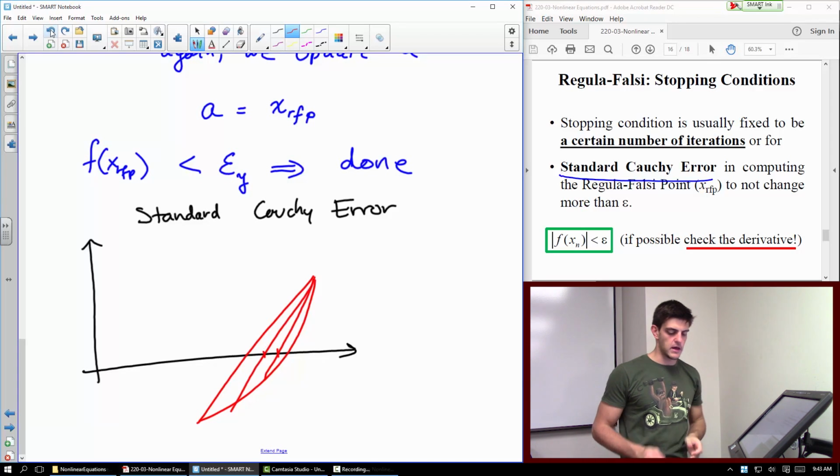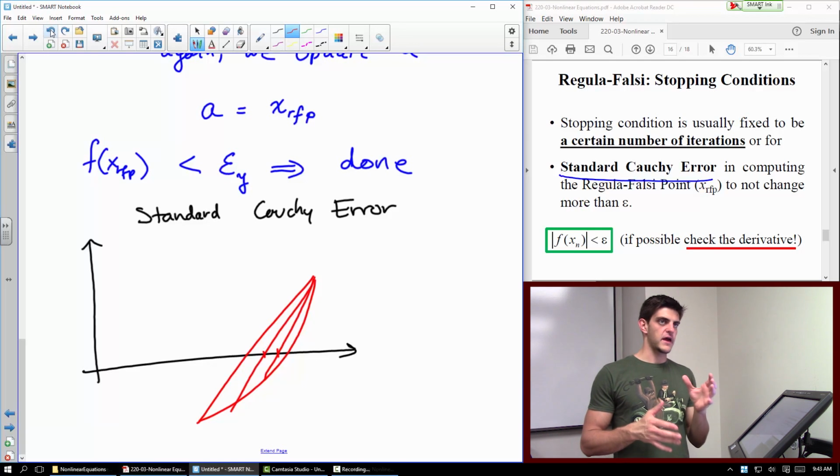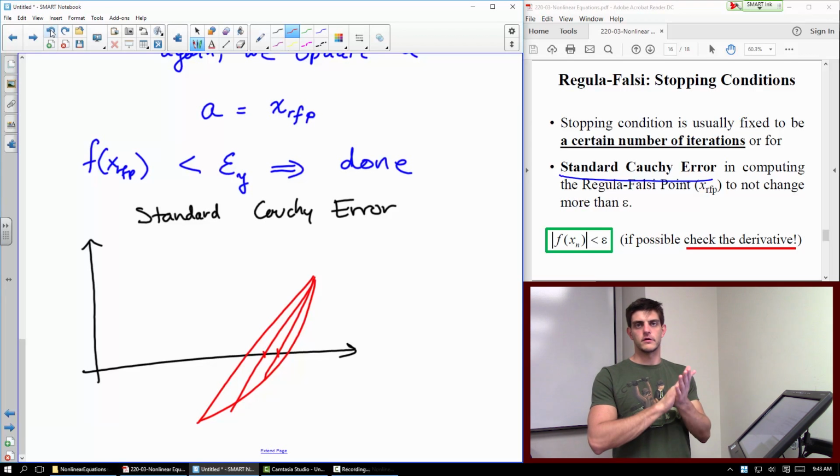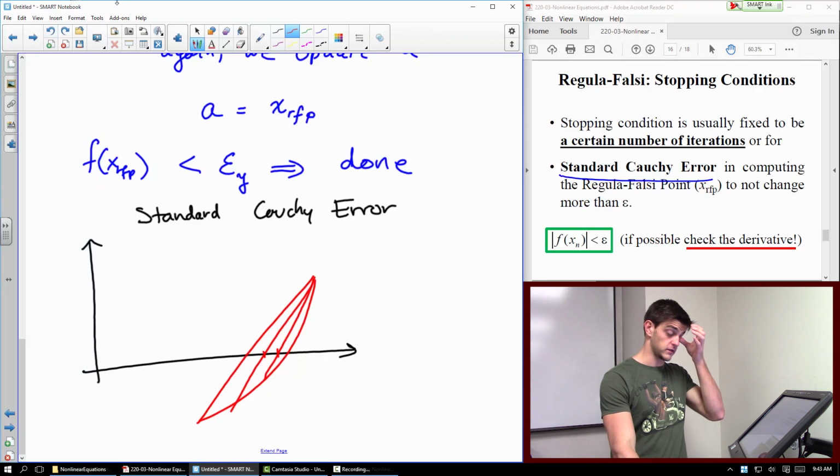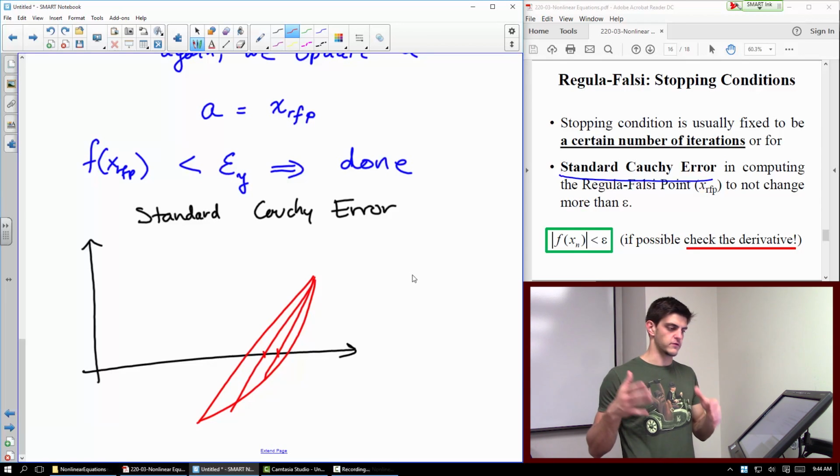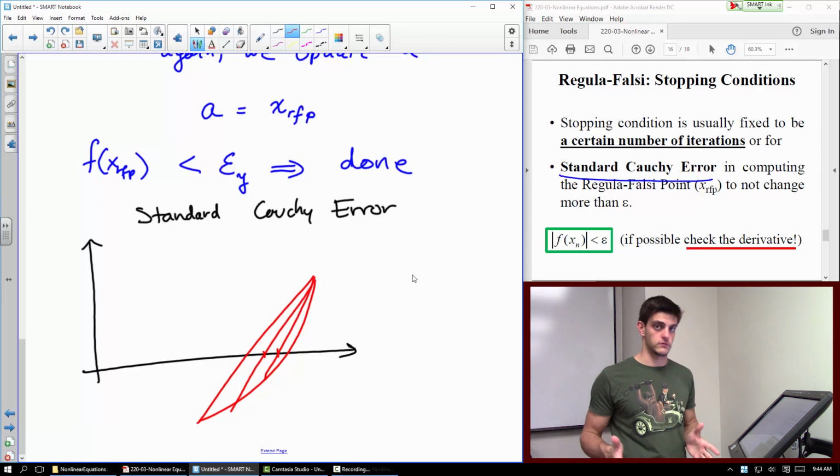And so you can define a minimal step size where if XRFP doesn't shift by at least a certain amount, you can assume that your iteration is complete, because as this function converges, eventually each increment of XRFP is going to be so tiny that you could keep running your method over and over again, but your estimate isn't going to significantly change. Even if your root solving method hasn't converged onto the right solution, it has converged to a solution. And it's not going to converge onto anything else, regardless of how much longer you run it. So you might as well stop.